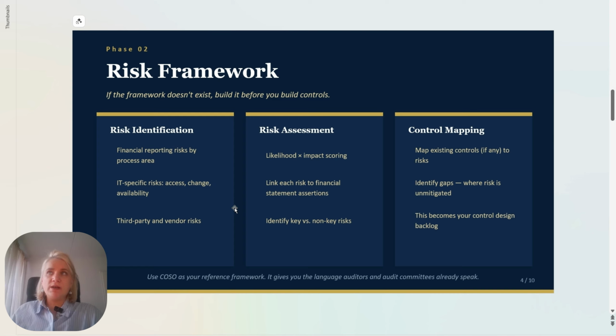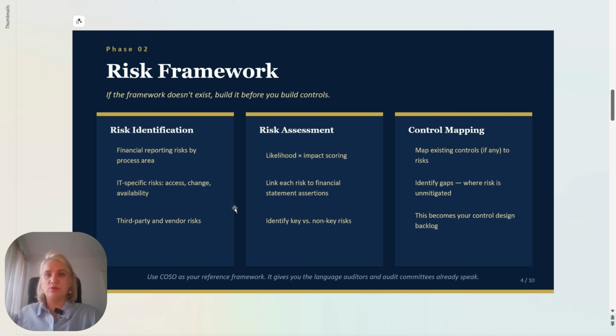Just as a remark, again, I'm not going to describe how you need to design the control or how you need to map it to the risk. I describe it in the design video, and if it's not enough, again, I welcome you in the comments. But it is very important that you look into the assertion, you look into the risk, and define the control accordingly.